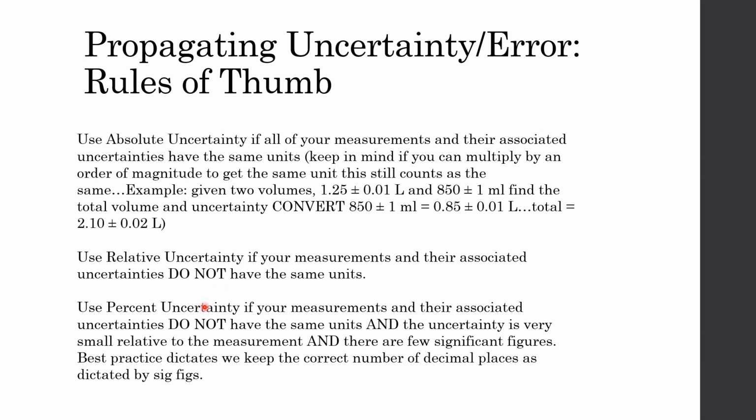With percent uncertainty, it's a little bit more handy if the uncertainty is very small relative to the measurement and there are a few significant figures, because best practice dictates that we keep the correct number of decimal places as dictated by sig figs. So that's when percent uncertainty might be a little bit more handy, and you're going to notice in the lab that this is exactly what we do use. We use percent uncertainty, and it's for this reason.